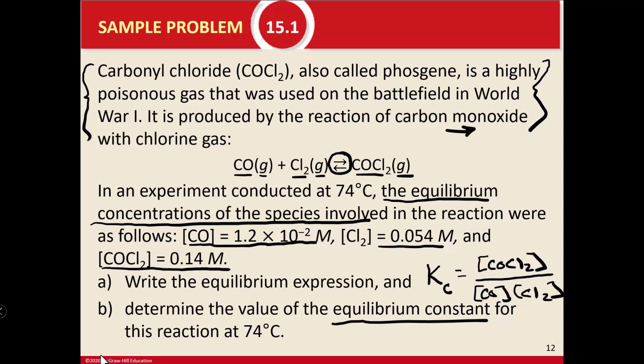That's my equilibrium expression. Then what I will do is I will plug in these values for carbon monoxide, for chlorine, because these are equilibrium concentrations, and plug that in for the carbonyl chloride, and I will solve for that, and that should give me the equilibrium constant.